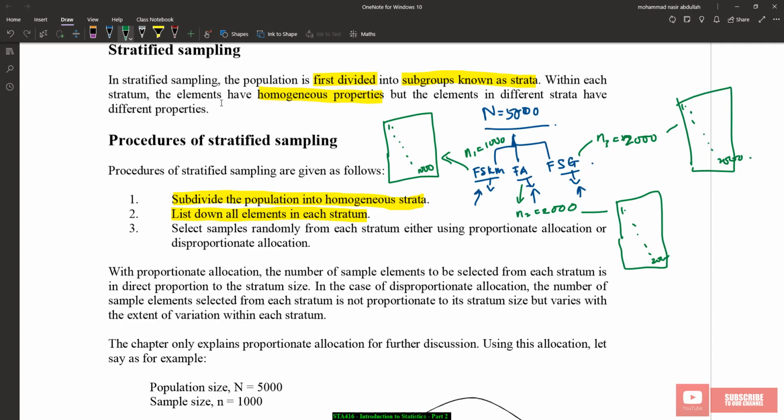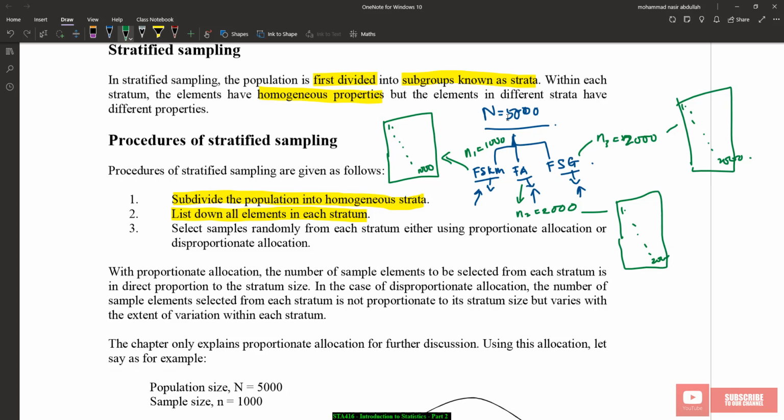Okay, can you understand? I repeat again, right? First, we need to go back to our sampling process. In our sampling process, the first step is to define our population. So our population is, let's say, students at UiTM Tapah. So we have 5,000 students, right? The second step in stratified sampling techniques, we need to subdivide the population into homogeneous strata.